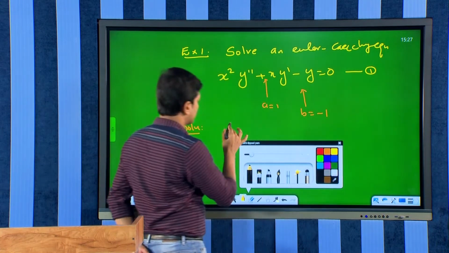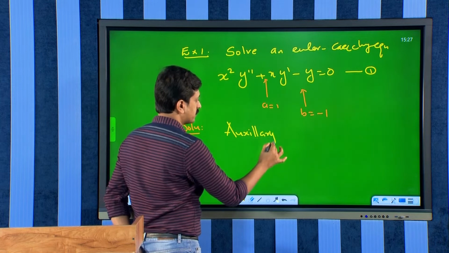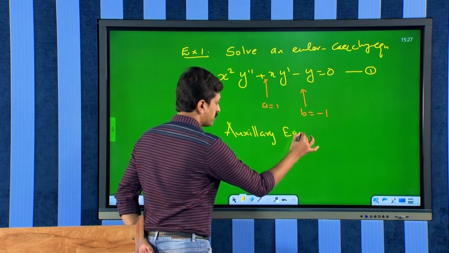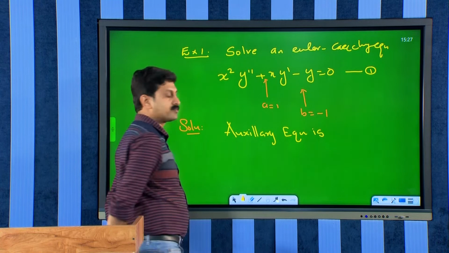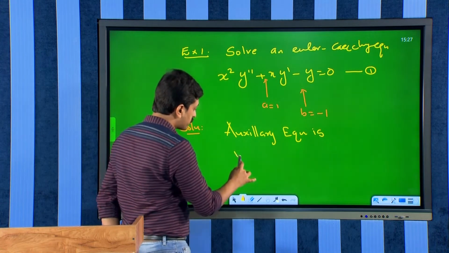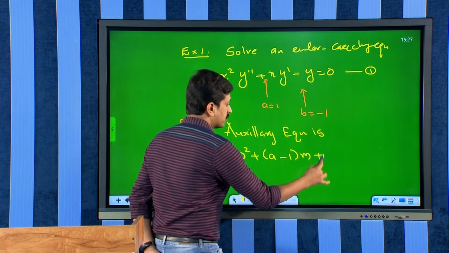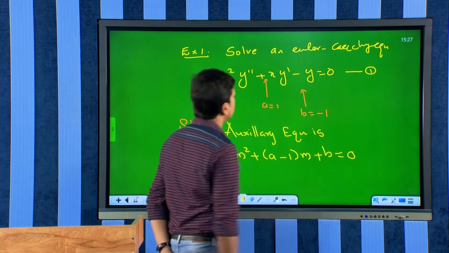The auxiliary equation is m square plus a minus 1 into m plus b equal to 0.